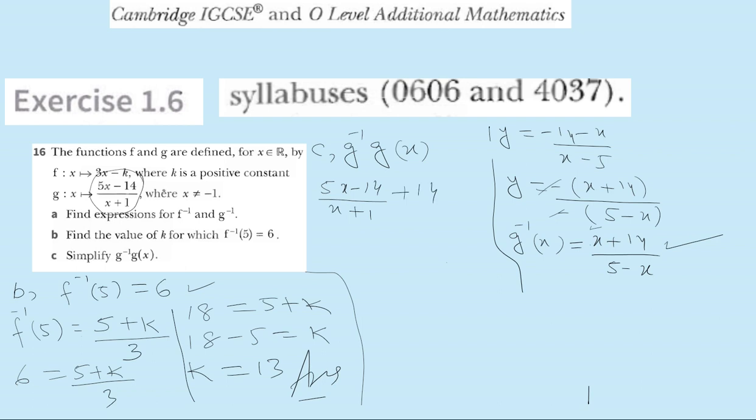This plus 14 remains plus 14, upon 5 remains 5, minus this x replaced by the whole Gx, which is 5x minus 14 upon x plus 1.